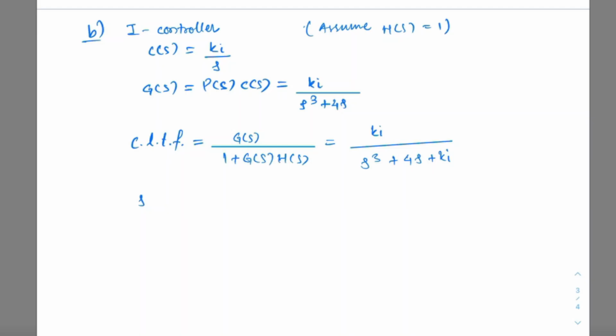The closed loop transfer function now is given as, again assuming unity feedback, Kd into S plus Kp, and the denominator is S square plus Kd into S plus Kp plus 4.